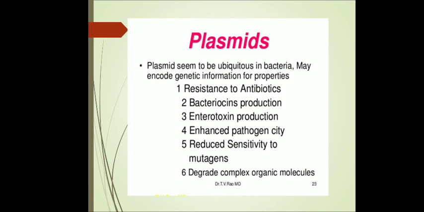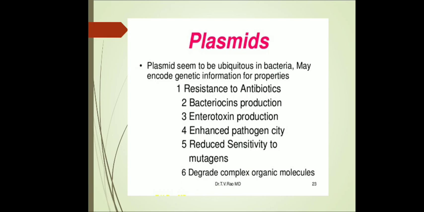The next function is that it reduces sensitivity to mutagens. Different types of mutagens like chemicals or acids may adversely affect the genetic sequence of the bacteria, so sensitivity to such material is reduced with the help of plasmids.